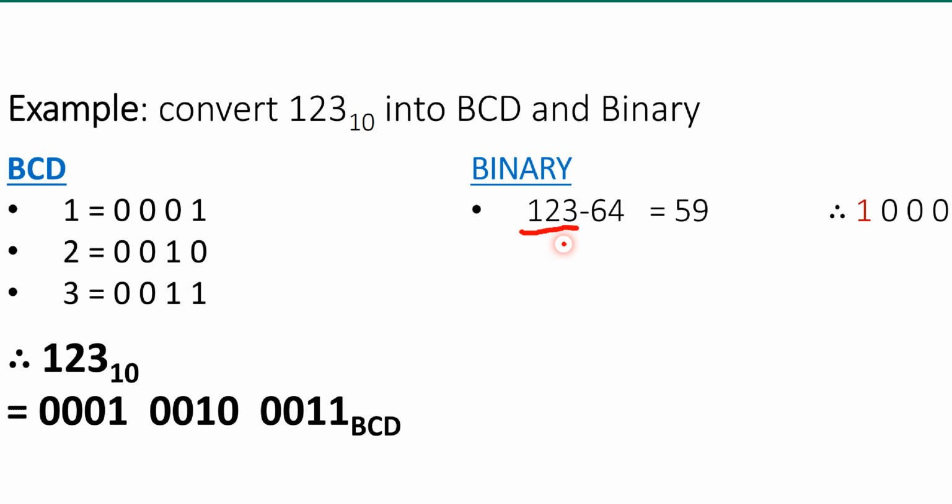Definitely it cannot, because 128 is more than 123. That means I will not need the eighth bit, right? So I can either write 0 in the place of the eighth bit, turning it off, or I can also just get rid of it totally. So I'm not even storing the eighth bit with me. I'm just working with 7 bits, right?